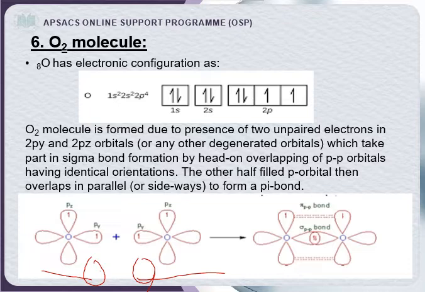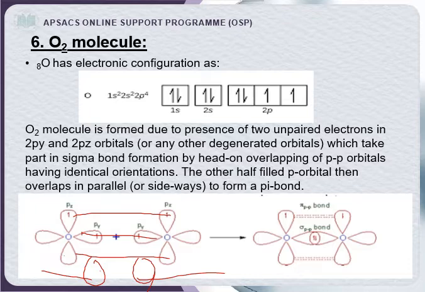Only the orbitals which will have the bonding with each other are shown. If you want to draw the third one, you can draw it with the lone pair in it, right? The overlapping of these two takes place, and overlapping of these two will occur. This will produce two bondings.